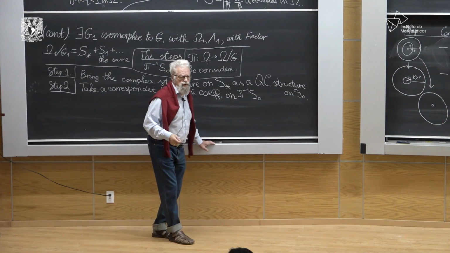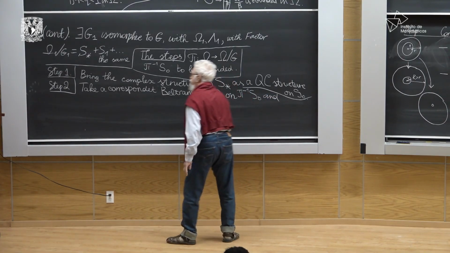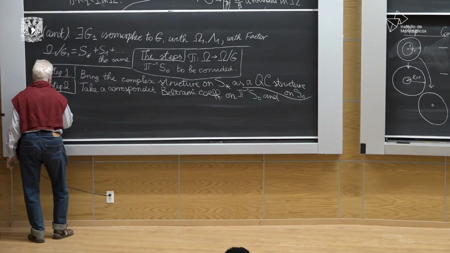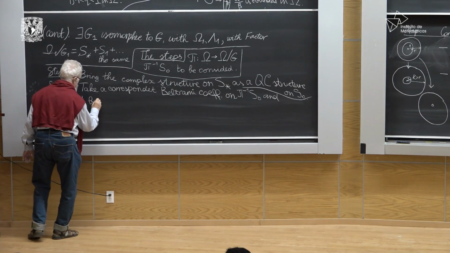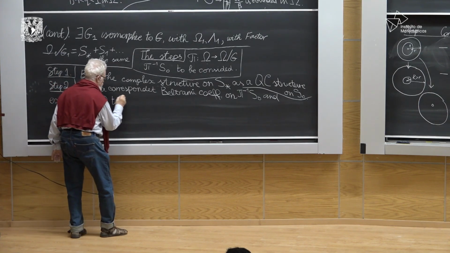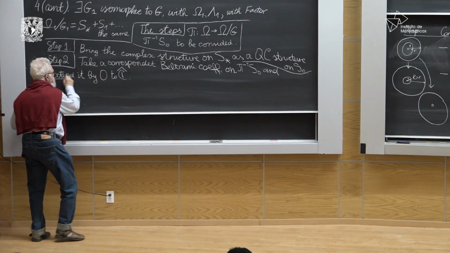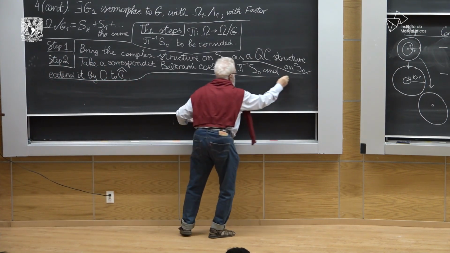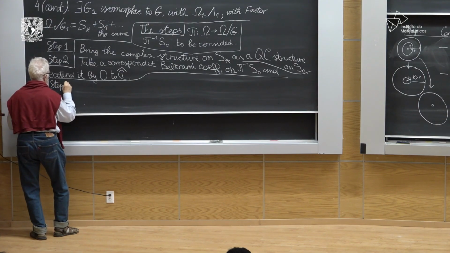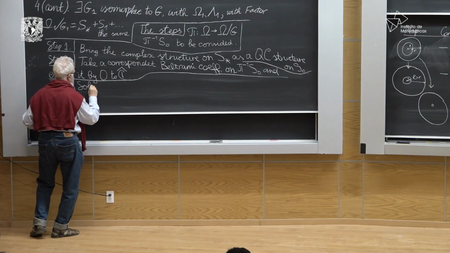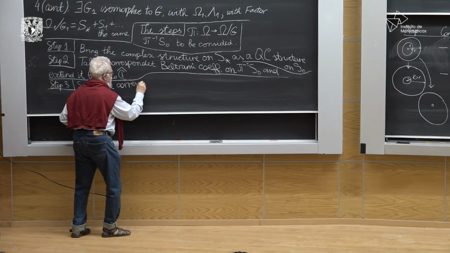We extend it by 0 to the whole Riemann sphere. Then solve the corresponding Beltrami equation on the whole sphere.